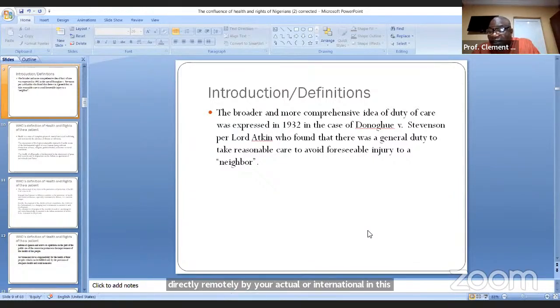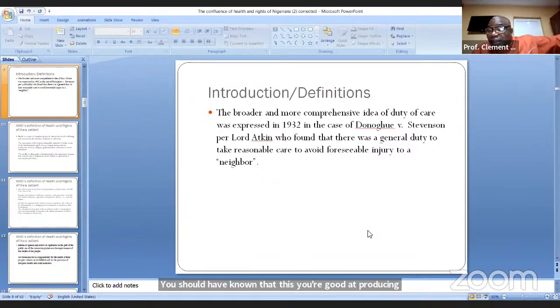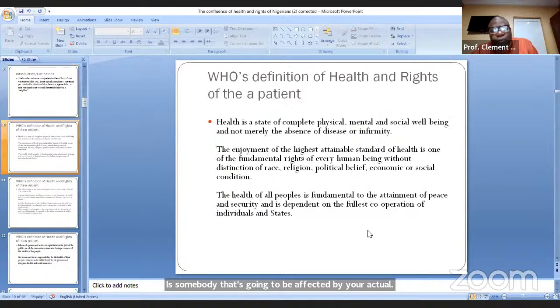In this case, you should have known that this beer you are producing can be consumed several kilometers away. So that person who is going to take the beer in Kaduna, as we use as an example, is your neighbor. Your neighbor is also somebody in your vicinity in this regard, somebody that is going to be affected by your action, either now or later.